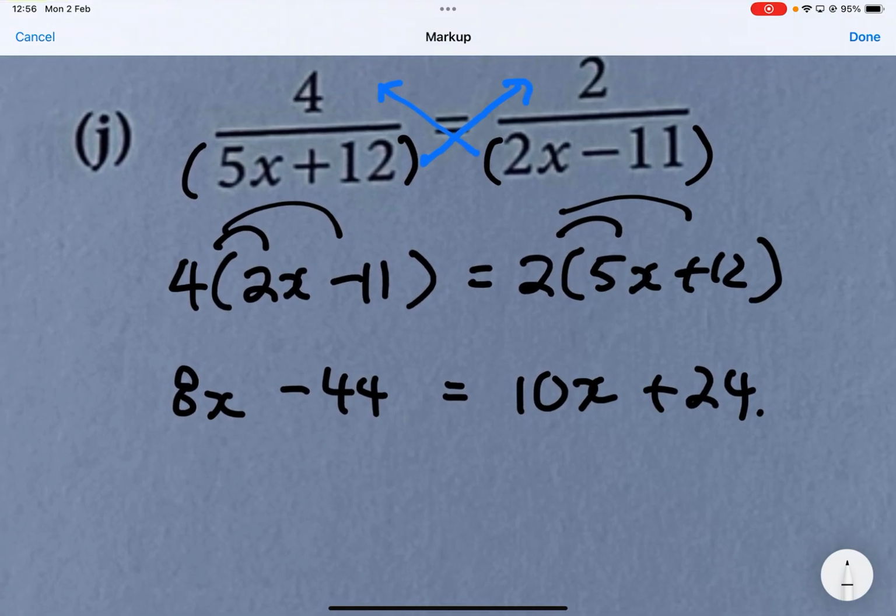Nabila, what is the next thing that I want to do? There are 4 terms now. 8x got x. Minus 44 got no x. 10x got x. 24 got no x. Plus what?